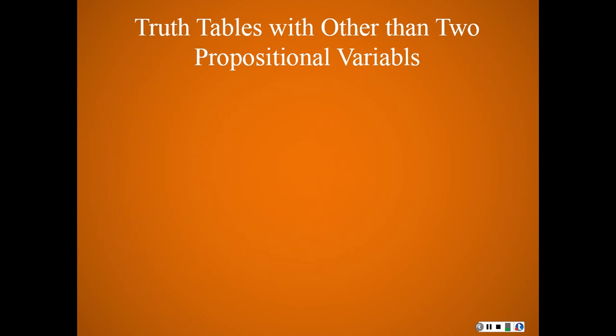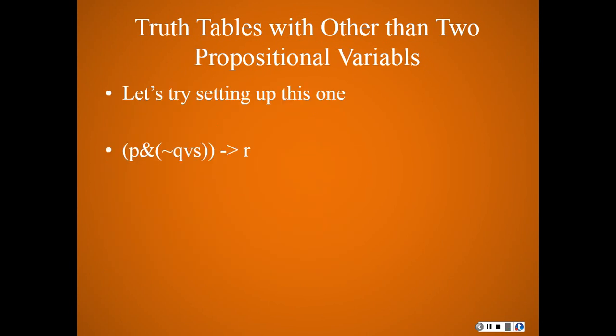Okay, let's move on. Let's try setting up this truth table. I'm not going to fill in the whole truth table, but I am going to show you how to set it up. This formula has 4 propositional variables: P, Q, S, and R. Since it has 4 propositional variables, it requires 2 to the 4 rows for truth values.